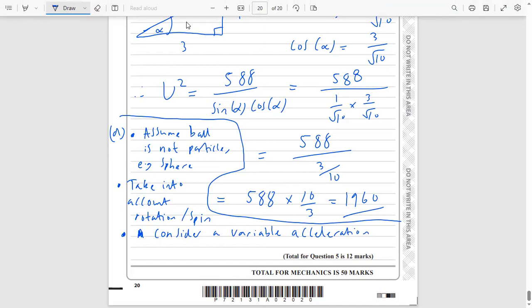We could say take into account other forces, for example wind. So we could take into account wind or other 3D forces. In reality, when you hit a golf ball, you're not traveling in 2D, you're traveling in 3 dimensions, aren't you?